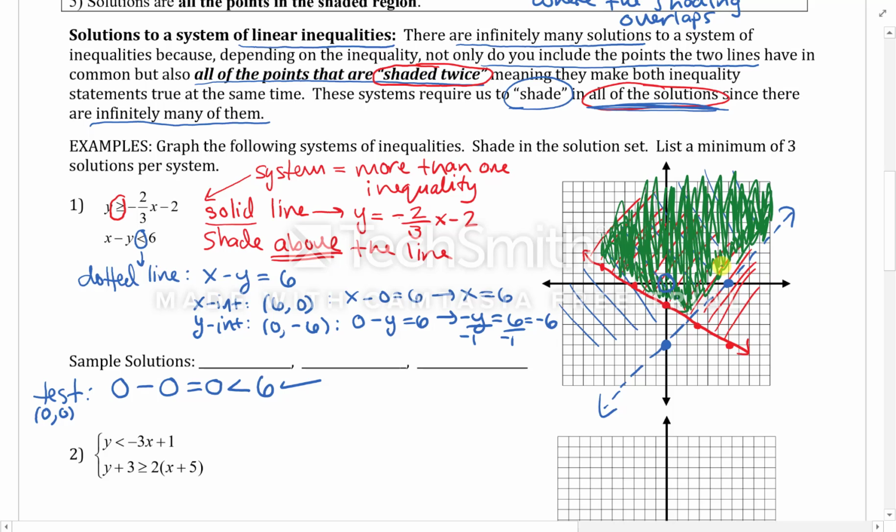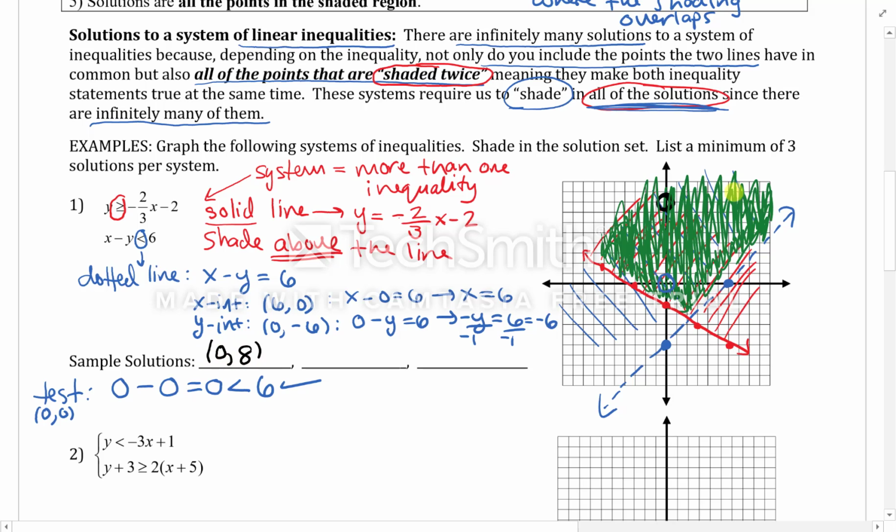So for an example, because I have to list 3 sample solutions, so maybe I'll just pick one out. So let's say I pick this point right up here. That would be 1, 2, 3, 4, 5, 6, 7, 8 spots on the y-axis, so that would be the point 0, 8.